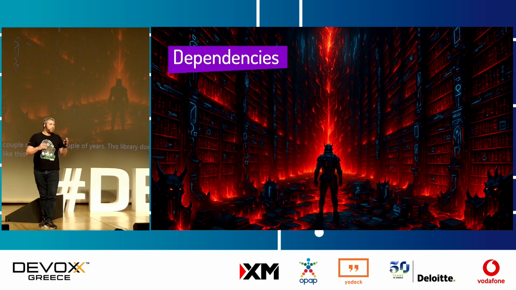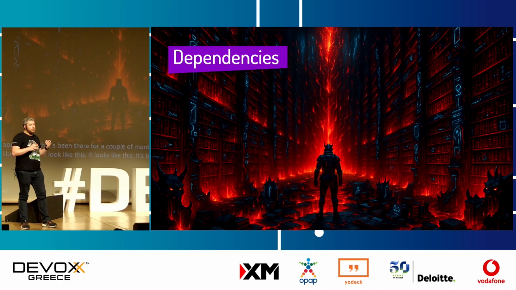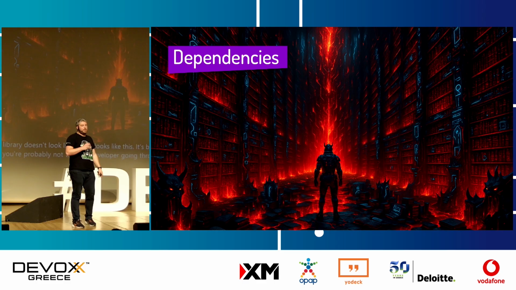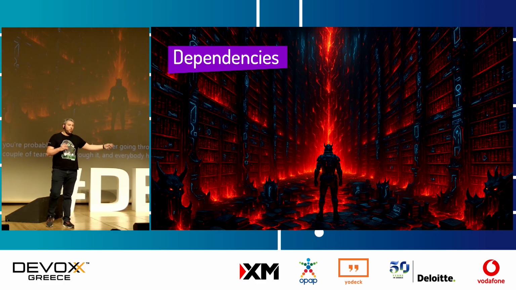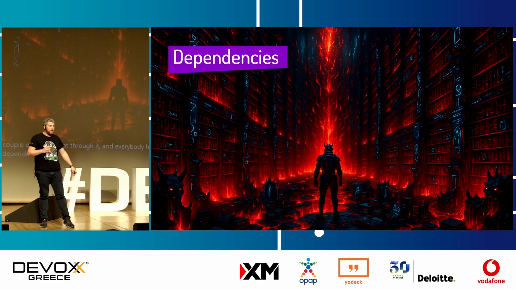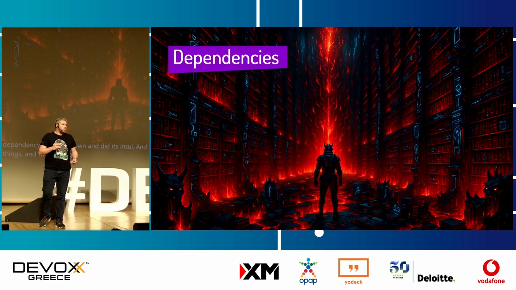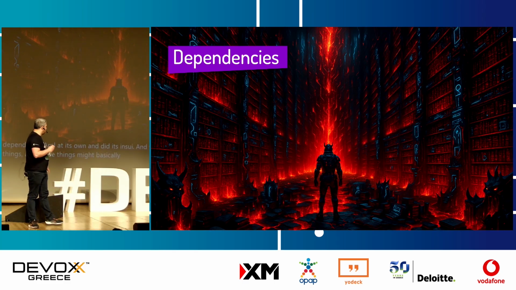It's basically hell. Why? Because you're probably not the first developer going through this project. A couple of teams went through it, and everybody had a favorite library or dependency, and did it their own way. And so you might have a lot of things, and those things might basically be a trap for you.